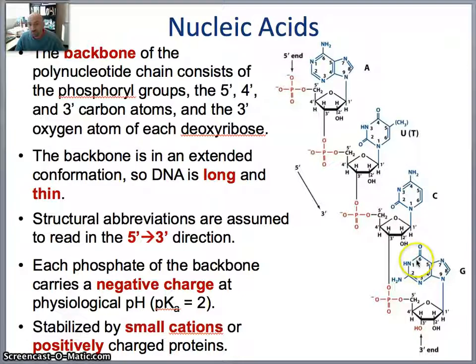You'll notice the backbone is an extended conformation, so DNA is long and thin. And we always read DNA 5' to 3'. Just like with proteins, where we talk about the N terminus to the C terminus, for DNA we talk about the 5' to 3' end. You'll also notice that this backbone is very negatively charged because we have these phosphoryl groups.